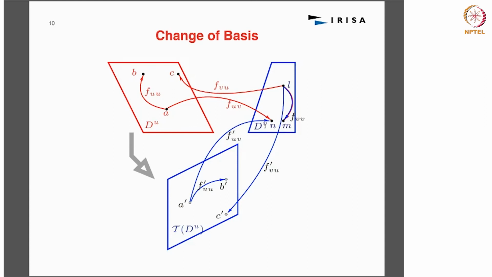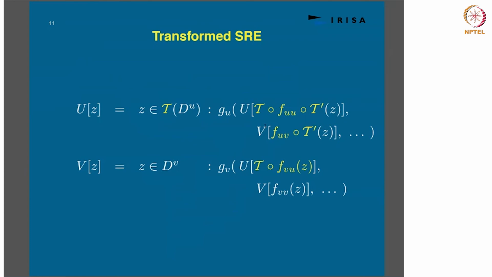So first we take the pre-image of A prime, then we apply the function, and then take the image of B. To the point A prime, you first apply T inverse. To the result of that, you apply the old dependence function to get to B. To the result of that, you apply T and you get to B prime. Okay, so this is in the pictorial view. In reality, this is how you construct the equations.